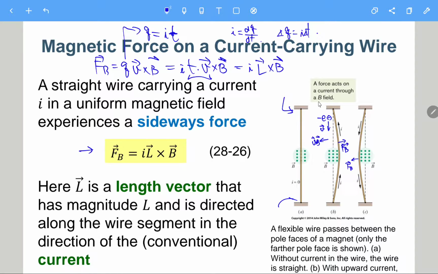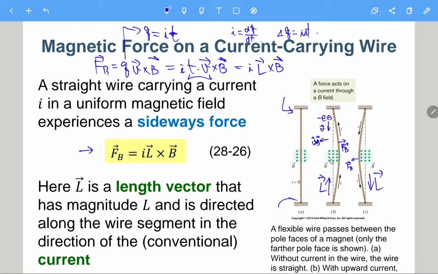And of course, L follows the direction of the current. So here I points to the top, and B points out of the page, and L has the same direction as the current. So here L cross B would point to the right side if you use the right hand rule.